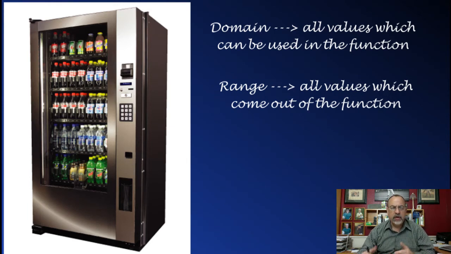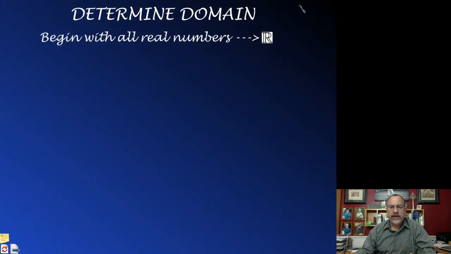So let's look at how we can now determine what these domain values are. When you're drawing your coordinate plane, your xy axis, you have your y-axis and then you have your x-axis. When you draw your x-axis, what you're actually doing is drawing a graphical representation of the domain, all real numbers.